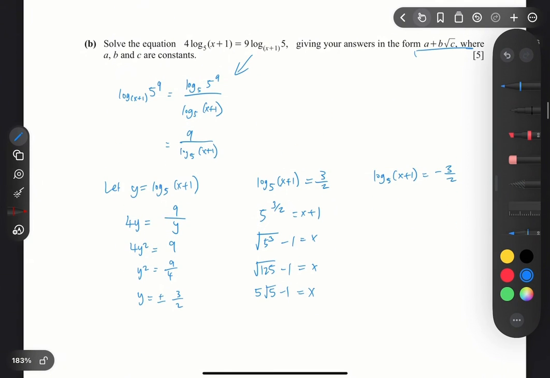And since the question wants the form a plus b root c, you can just rewrite it: minus 1 plus 5 root 5. Okay, so this is the first answer. Second answer, 5 to the power of minus 3 over 2 equals x plus 1.